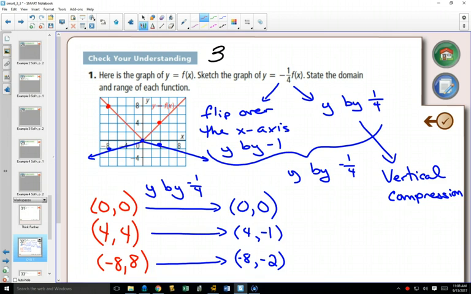This red one, if you had a name for it, the explicit equation would be y equals the absolute value of x. And so this blue graph, its equation would be y equals the -1/4 would be out in front of that absolute value of x. And so that would be the actual equation of this one if we wanted to write that.